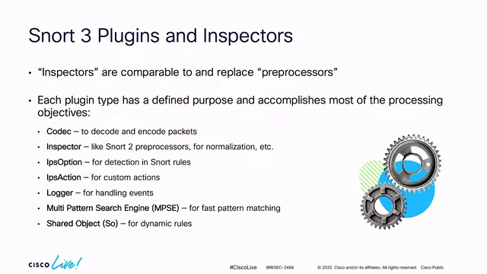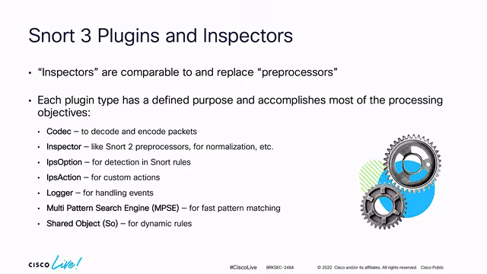So this is similar to the slide we saw on preprocessors for Snort 3. They're called inspectors. So when you're talking in your syntax and vocabulary about Snort 3, where you used to say preprocessor in Snort 2, now you say inspector. Really the same thing. And just as a side note, in Snort 3, some of the inspectors were ported, some of them were brand new.